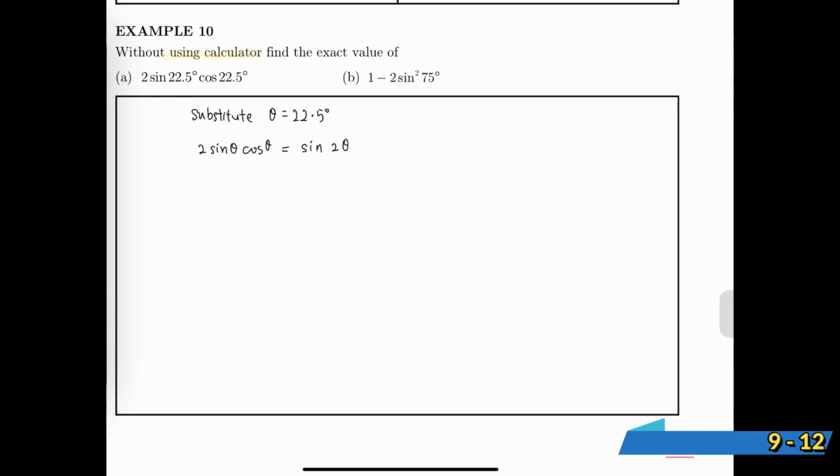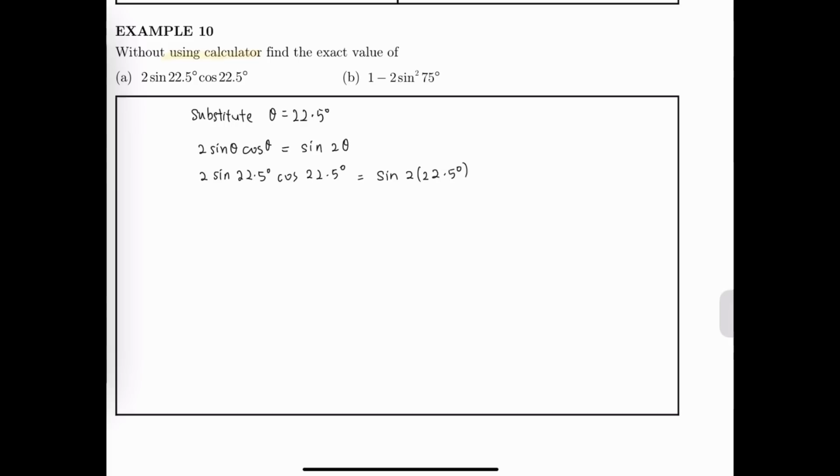Substituting theta as 22.5, we get 2 sine 22.5 cos 22.5, which is equal to sine of 2 times 22.5. So 2 times 22.5 is basically 45. And from the table from previously, you get the value of sine 45 as root 3 over 2.